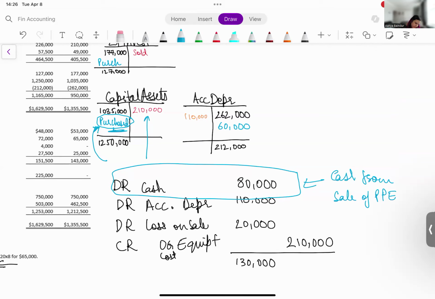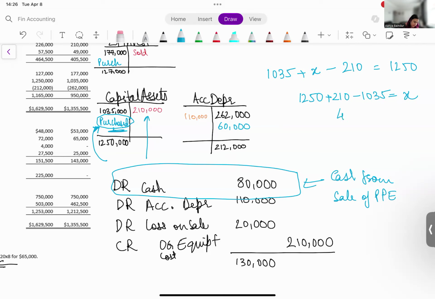So all we have to do is find this missing value. So that's 1035 plus X minus 210,000 gives you 1,250,000. So let's rearrange this. You get 1,250 plus 210 minus 1035 equals X. Let's find that value.